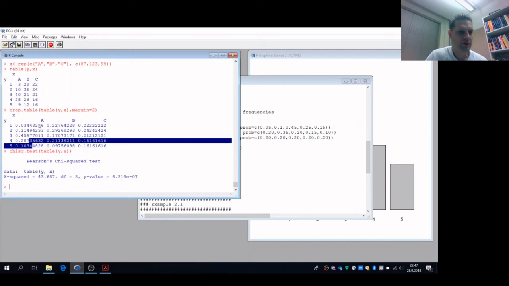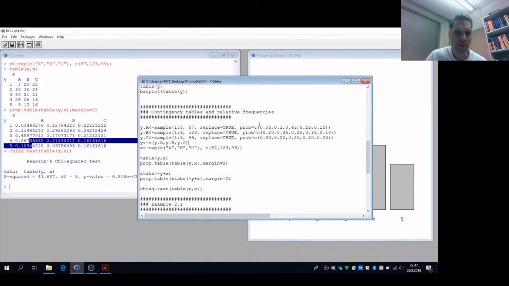Can we assume that the underlying true probabilities, from which these relative frequencies have occurred, are similar in each of these categories defined by the x variable?